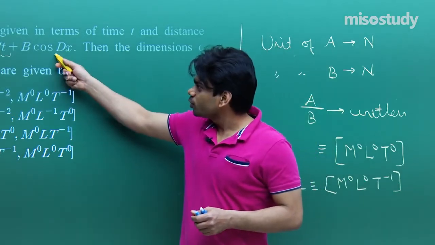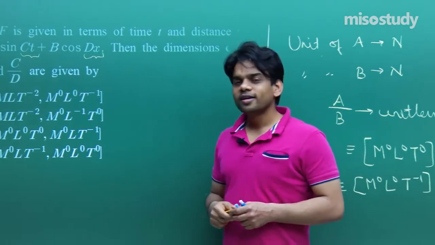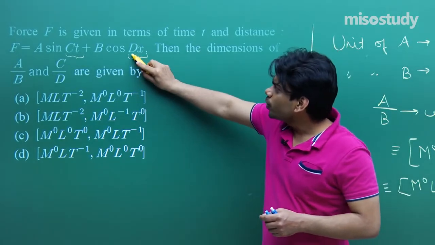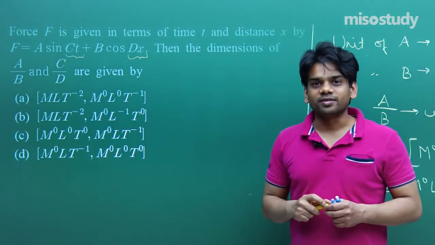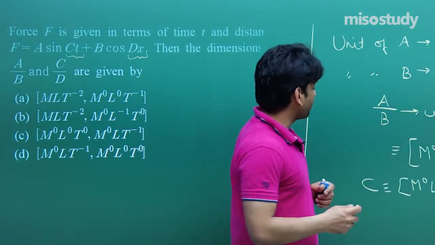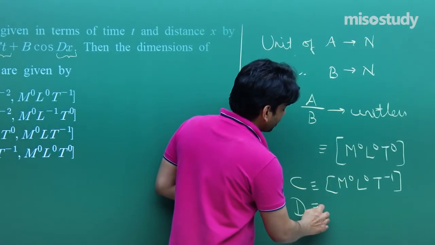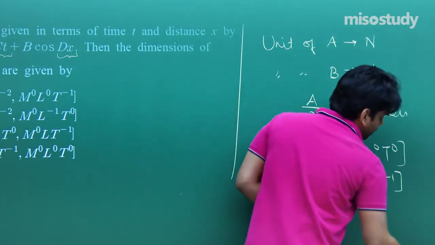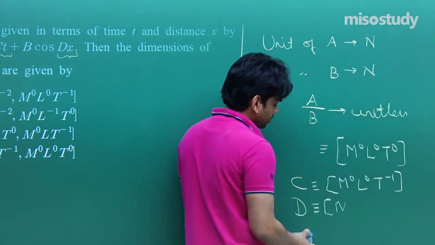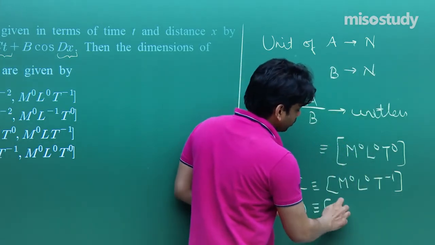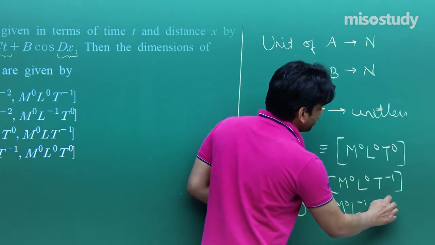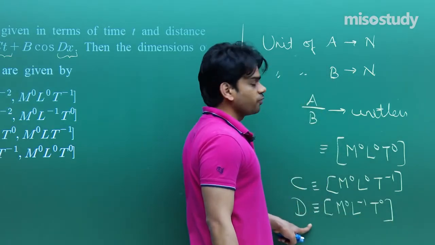Here this quantity should be unitless overall. x is actually distance, that is the length. So d will be per meter, that will be L^-1 if I talk about dimension. So d will have a dimension of M^0, L^-1, T^0. This will be the dimension of d.